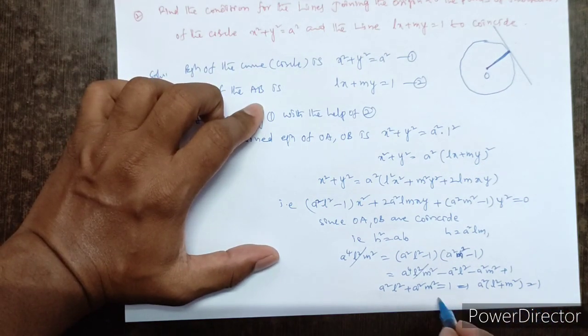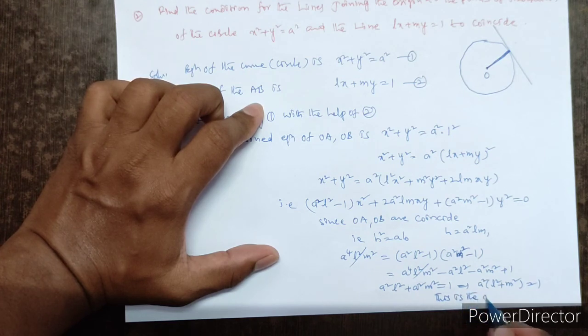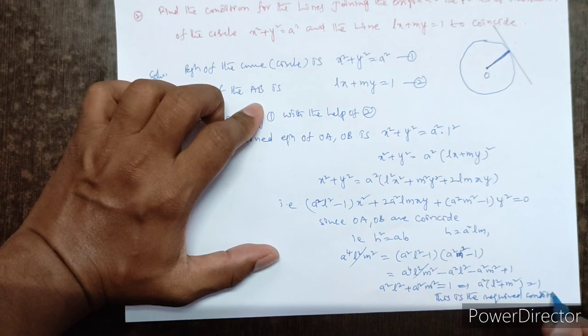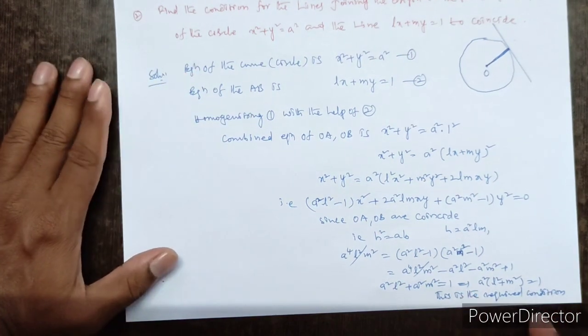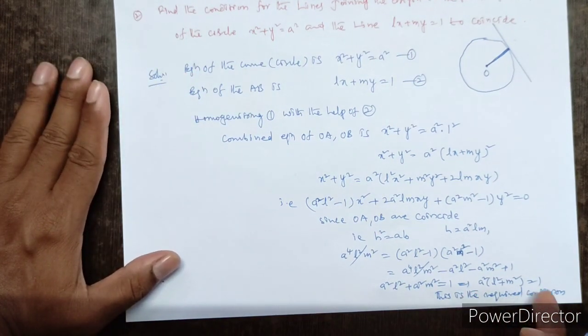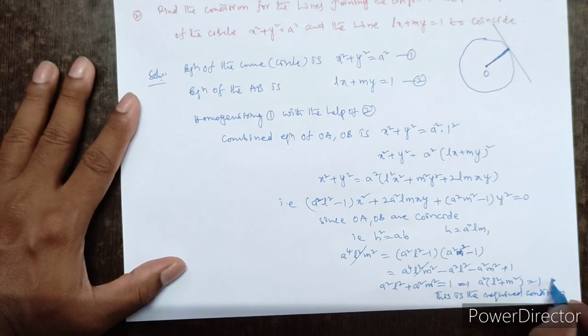This is the required condition when OA and OB coincide: a square of L square plus m square equal to 1 is the condition.